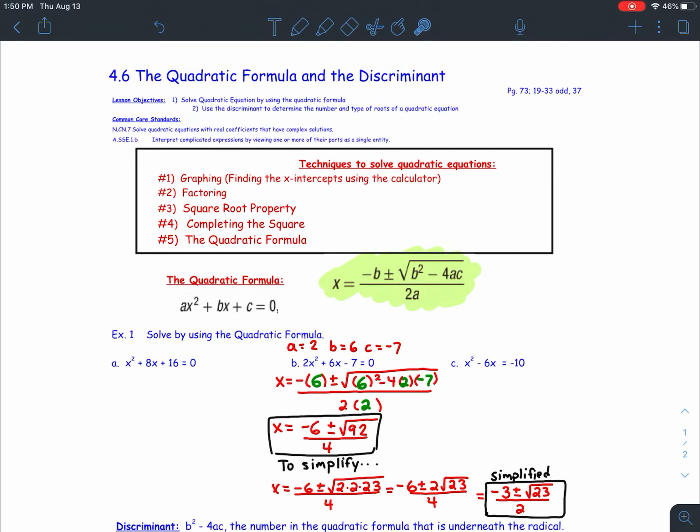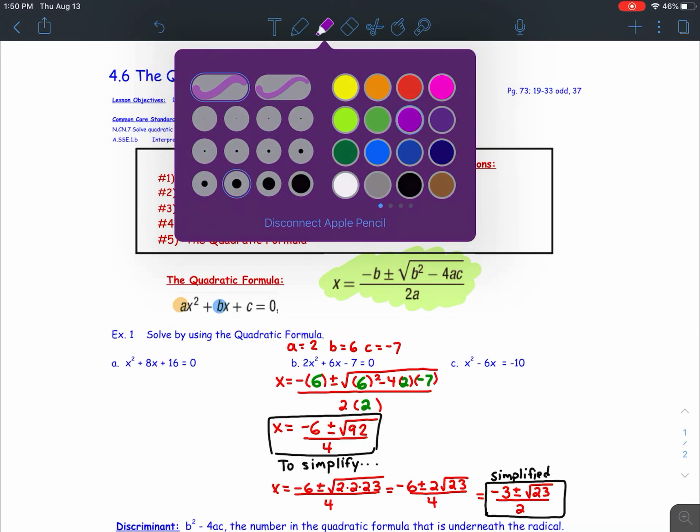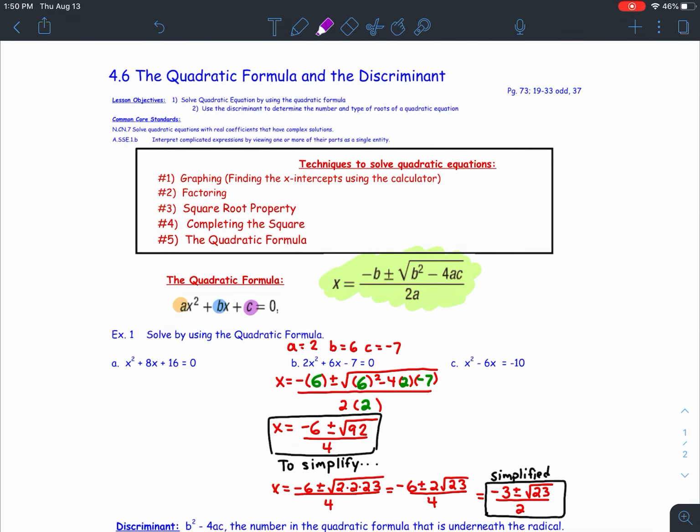I need to see some of these substitutions. Also, when the value underneath the radical symbol is not a perfect square, of course the quadratic formula program would just report decimal values, and I want you to leave it with the radical over top of the number. Okay.